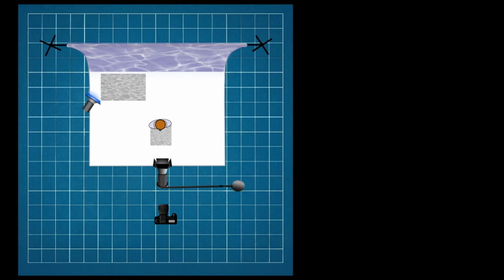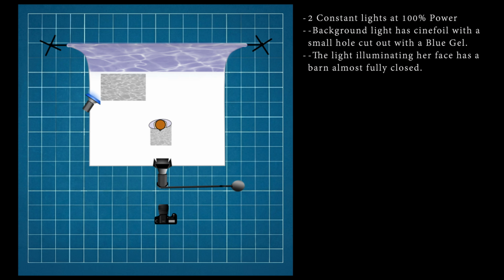So we're going to go over the light diagrams now. I know it seems kind of technical and complicated looking, but we're going to unpack it fully and go over everything. As we spoke about, it's two constant lights at 100% power. The background light has Cinefoil with a nickel-sized hole with a gel dangling in front of it. That light was hitting the Mylar, giving that beautiful reflection behind the subject.